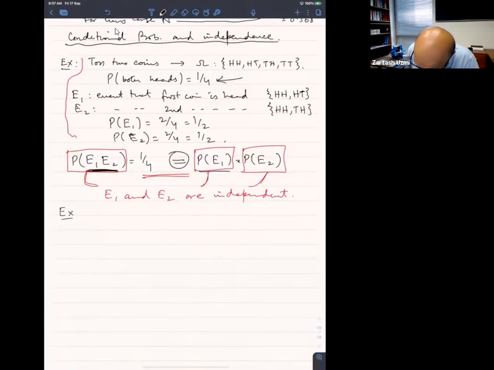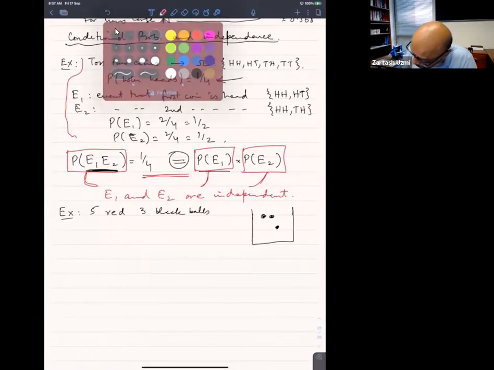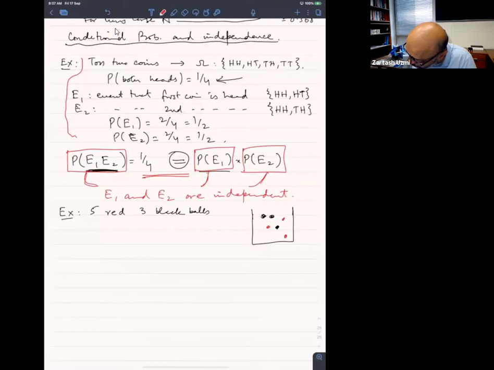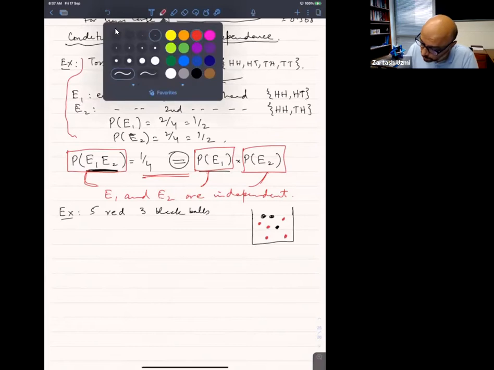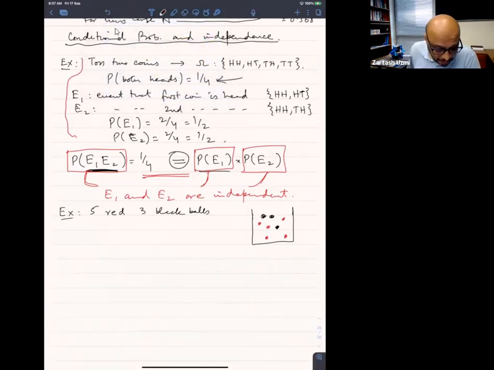So another example is balls in a box. We see these kinds of examples all the time. So five red and 3 black balls. 1, 2, 3 black balls and 1, 2, 3, 4, 5 red balls. 5 red and 3 black balls.